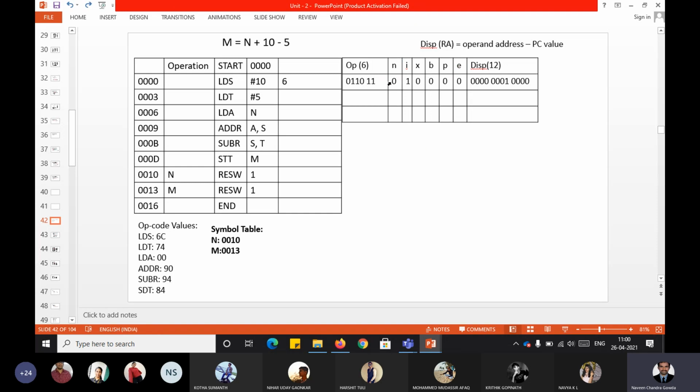So when you combine, this 1101 is what? 1101 is D. Again you have 4 bits, 0000. 4 zeros means 0. Again you have 4 zeros, which is 0. Again you have 0001, it is 1. And finally 4 zeros, it is 0. This is the object code we are getting.